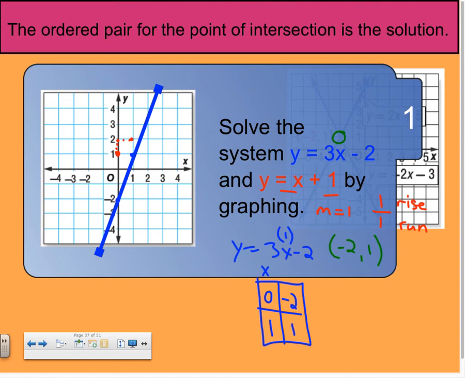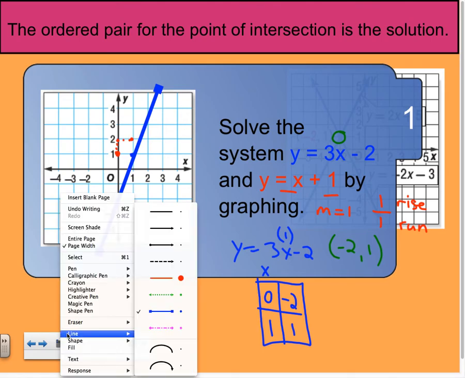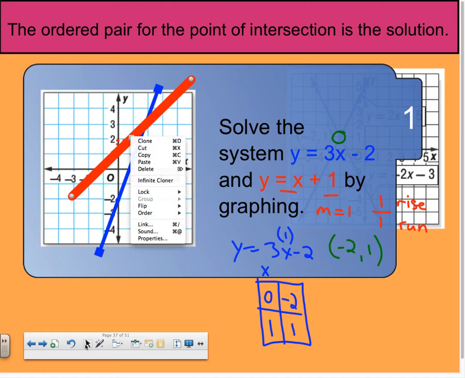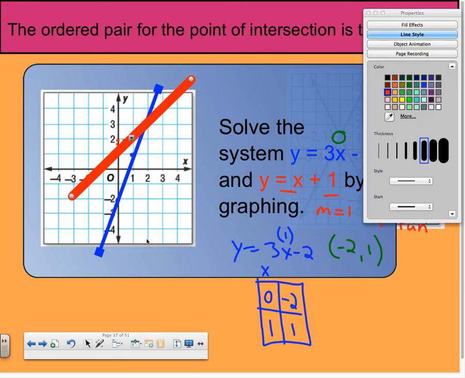So now I can graph the second line. I've got a red one right here, and I go through these two points. It's kind of a big line. Maybe we can do something about getting that a little bit smaller so that it's easier to use.